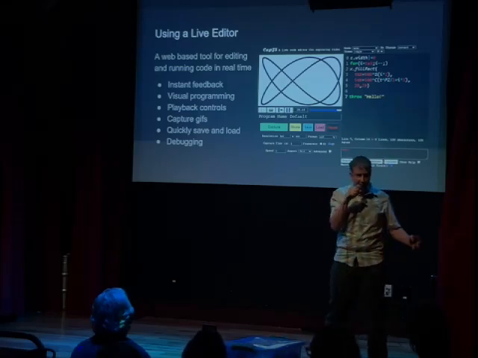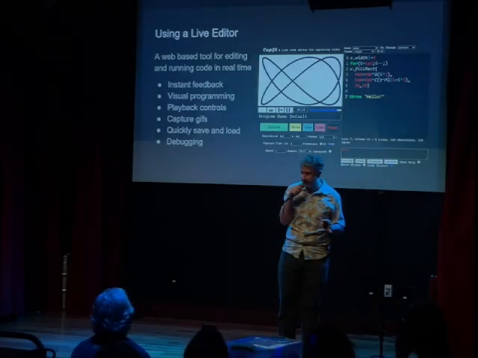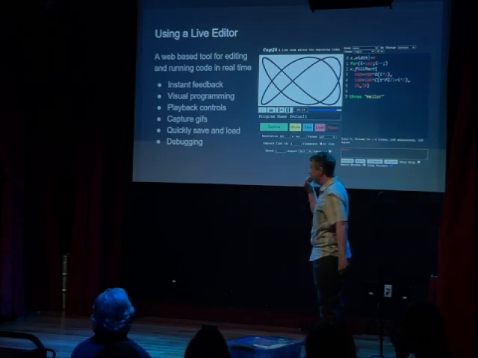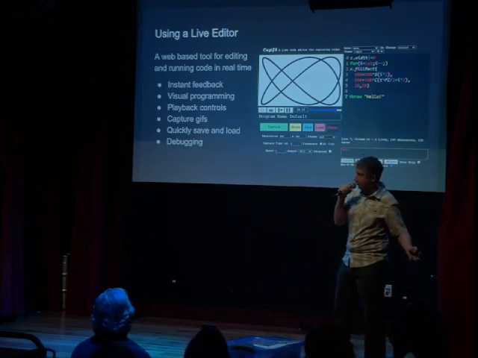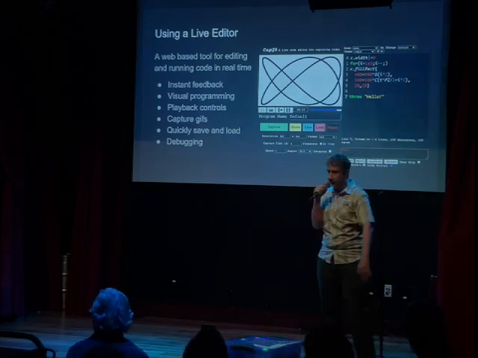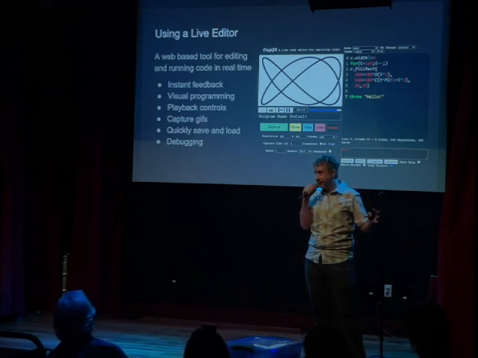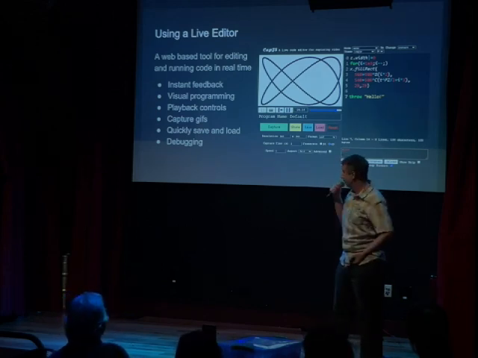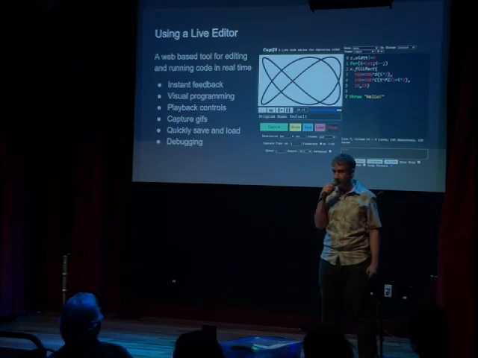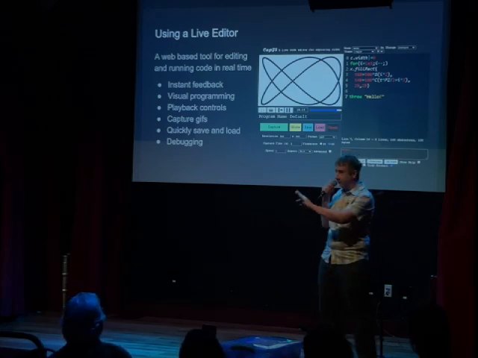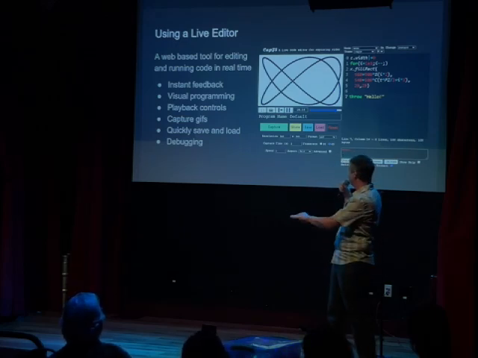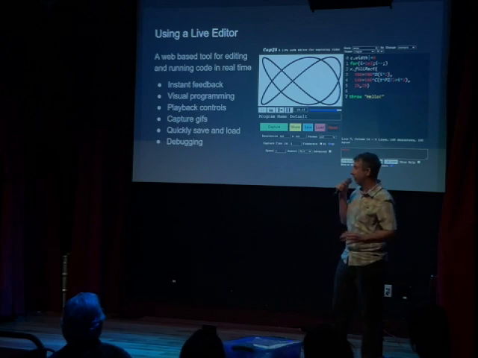JavaScript is one of the best languages, I think, for doing tiny coding, because it's an interpreted language. So you can use what's called a live editor, and it's just the most amazing thing. I've been programming for 20 years, and I had never used this before. Every single thing you type automatically compiles the program and runs it, and you see the result right away, instantly.